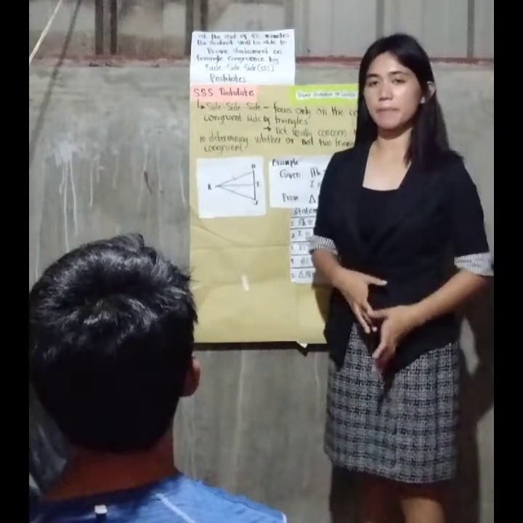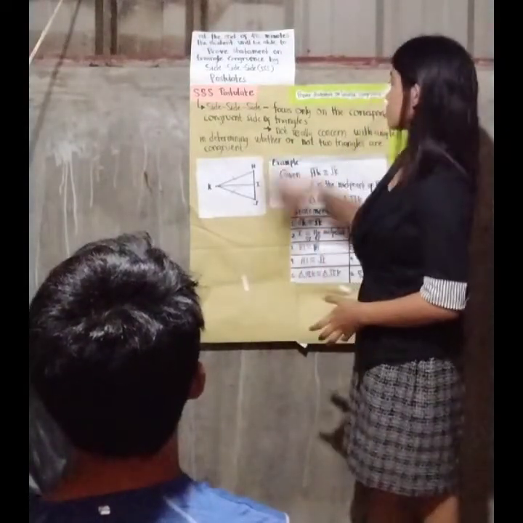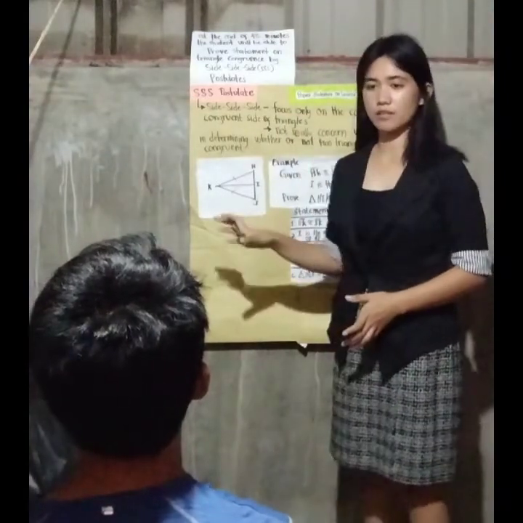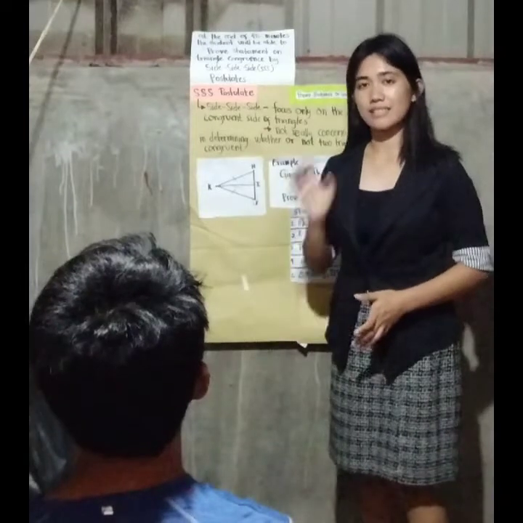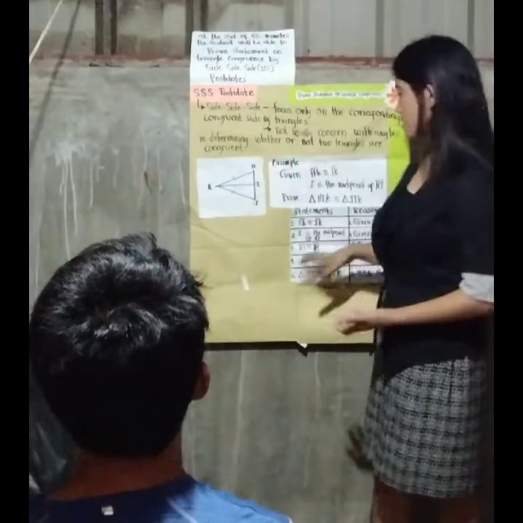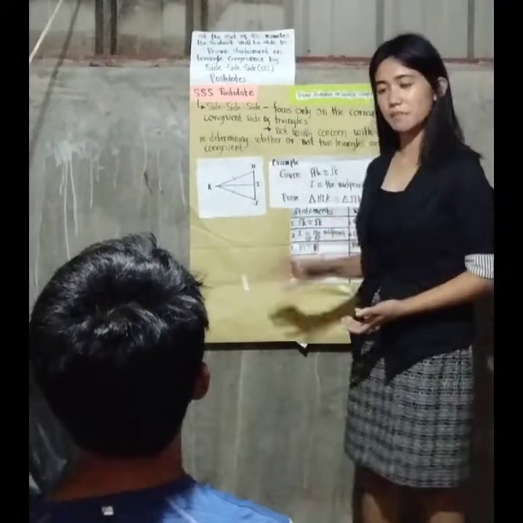Just always remember that the side-side-side postulate, or SSS, focuses only on the corresponding congruent sides of triangles. Remember the definition of the side-side-side postulate so that you can provide the two-column proof, which is the statements and reasons.